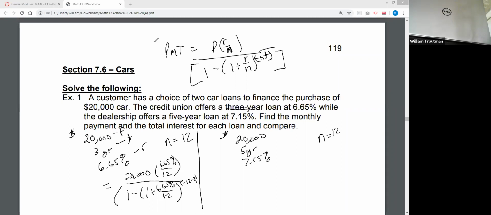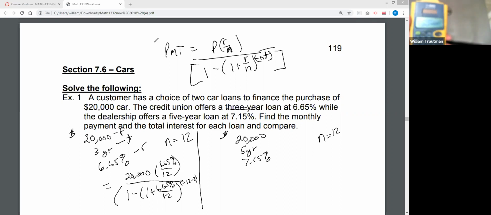Then you have to raise it to a power, parentheses, negative 12 times 3, close parentheses, arrow over. You just arrow over.